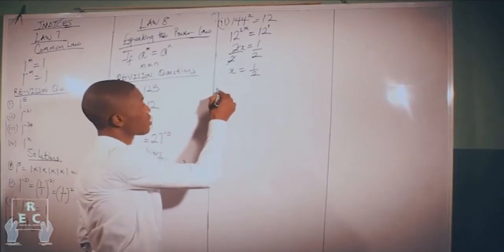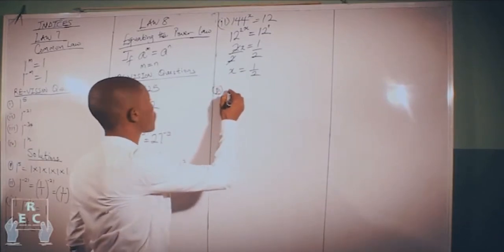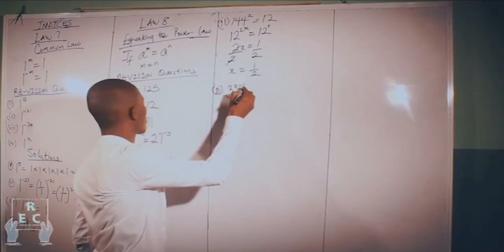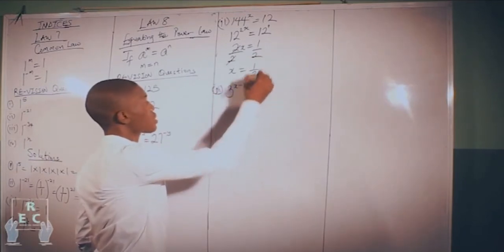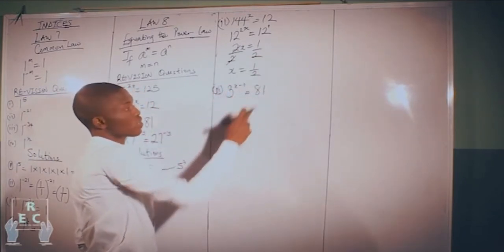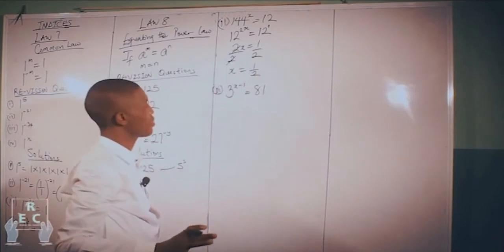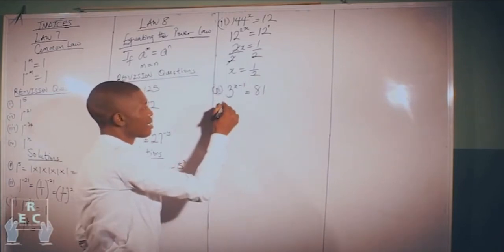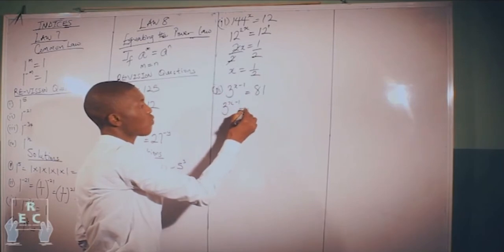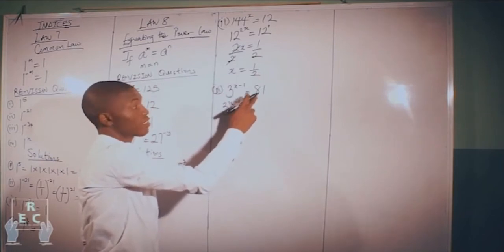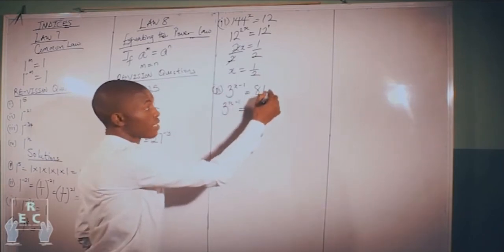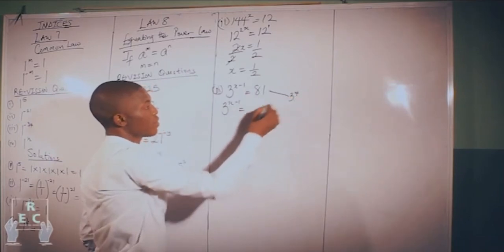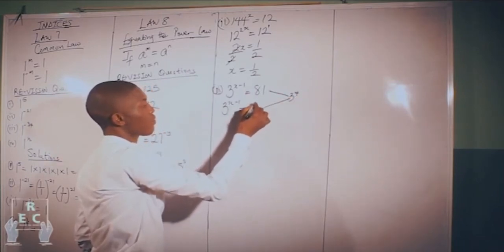The question 3. You have 3 raised power x minus 1 equals 81. Alright, look for a power of 3. 81 is 3 raised to the power of 4. So move this back, that's 3 raised to the power of 4.